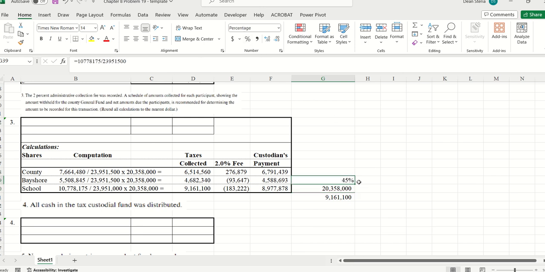that we're looking for. And then we're going to take that 45% that we got from dividing our levy by the collections.